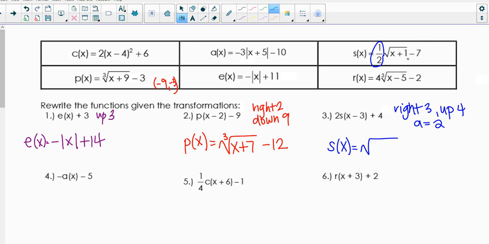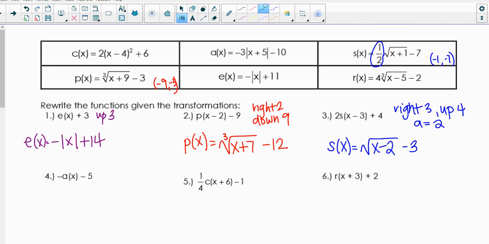Okay, my critical point is at the point -1, -7. Well, I'm going to move it right 3, which means it is now at a +2, so x minus 2, right? We want to do the opposite. And 1, essentially -3, is -2. And my critical point is at -7. I want to move it up 4, so -3. Okay.